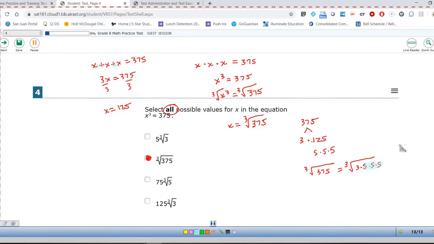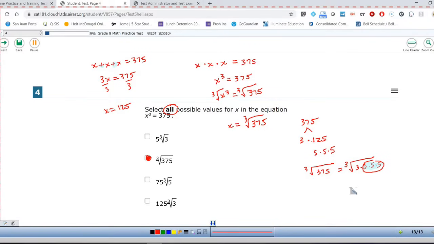But what does the cube root say? It says what times itself, or what do you have the same thing multiplied 3 of them to get that number? And that means that 125 is a perfect cube.